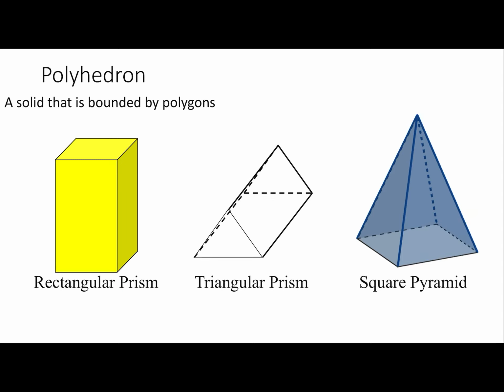So here we have a triangular prism. It's called a triangular prism because the bases are triangles. Whenever you're working with prisms, check to see, are there any other faces that are not rectangles? If there are, those are the bases. Bases are triangles, even if it's lying down flat so you can see it.